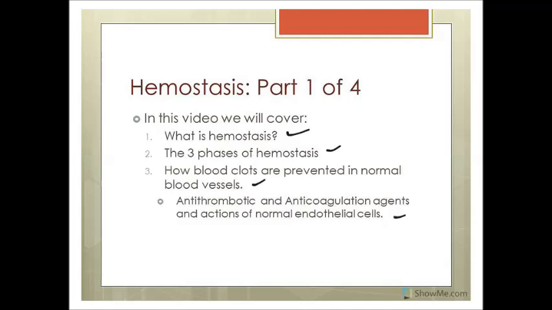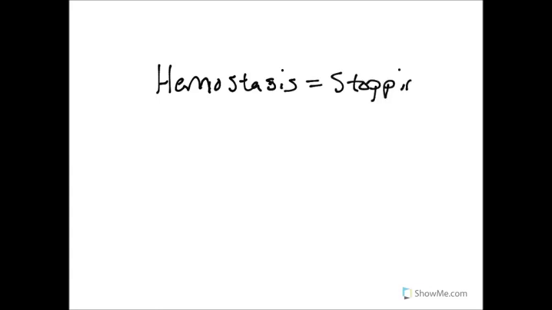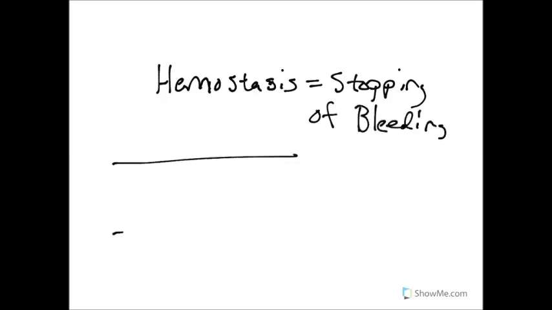So first off, in our introduction, let's take a look at what this is. Hemostasis is simply defined as the cessation or stopping of bleeding, right? We have an injury to our blood vessel.